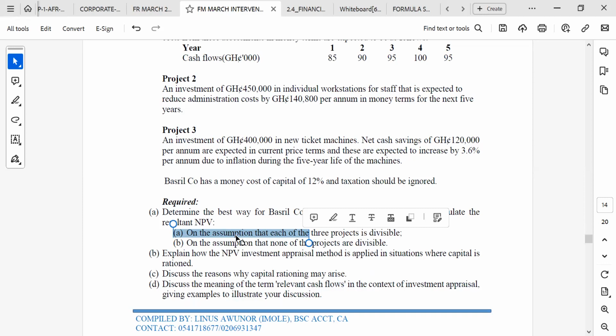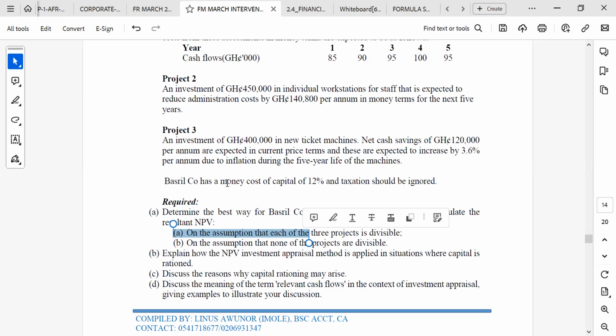So we can use the profitability index when capital is rationed, or we can just look at the best combination. So we use the highest NPV to advise ourselves which of the projects we should undertake. So that is what we call capital rationing. That is how we use the NPV, and that is what we have demonstrated in the workings.